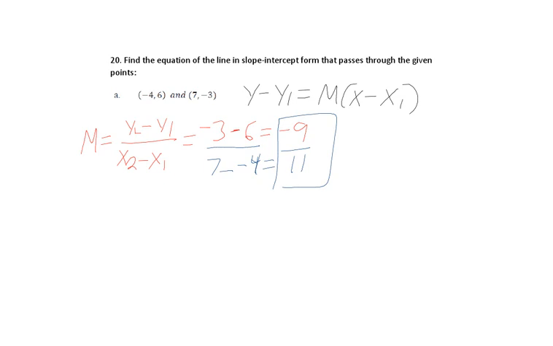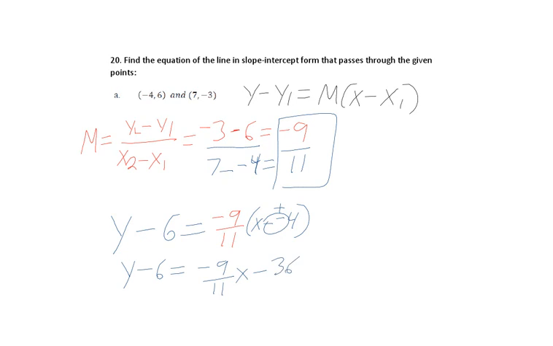Let's put it into our formula. So y minus 6 equals negative 9 over 11 times x minus negative 4. Well, two negatives make a positive, and if you distribute, y minus 6 equals negative 9 over 11x minus 36 over 11.